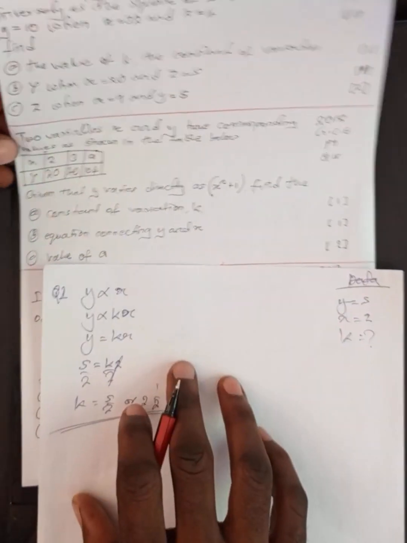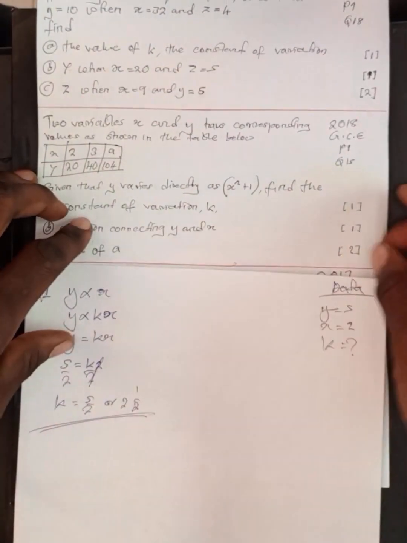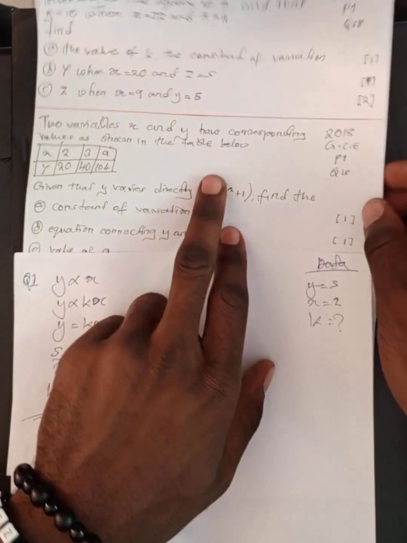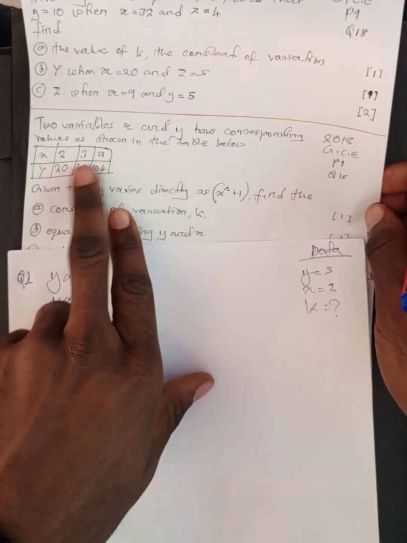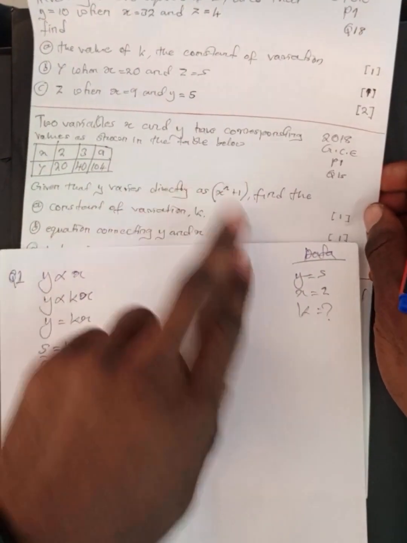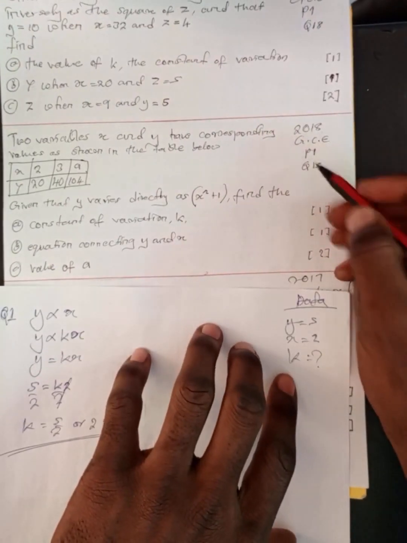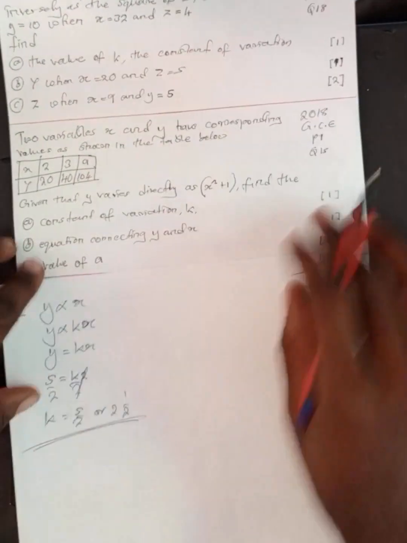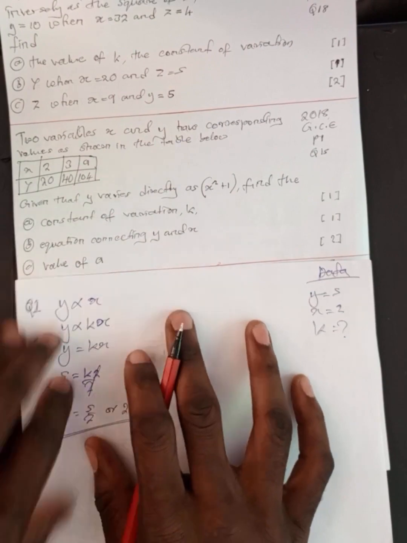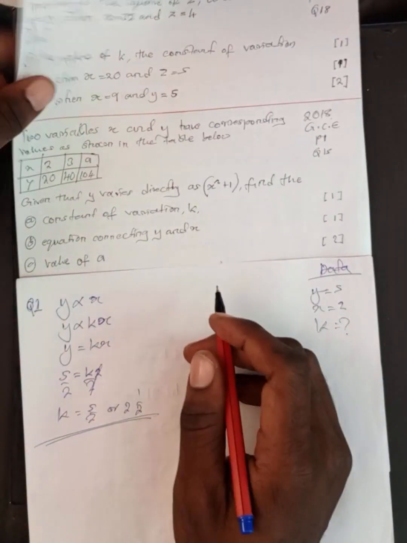So here we have another question. Two variables x and y have corresponding values as shown in the table below. This question is 2018 GCE paper 1. This topic is for paper 1.